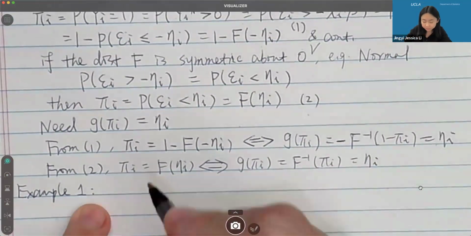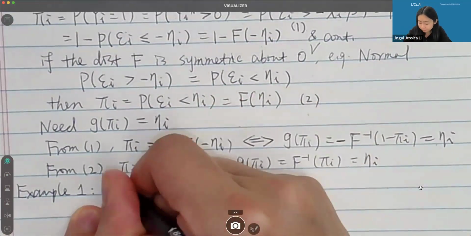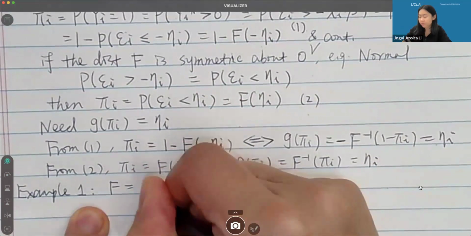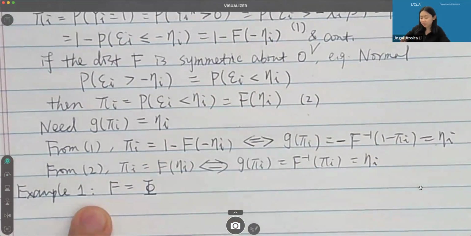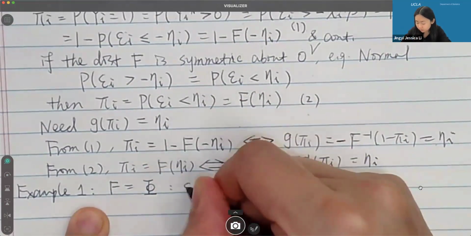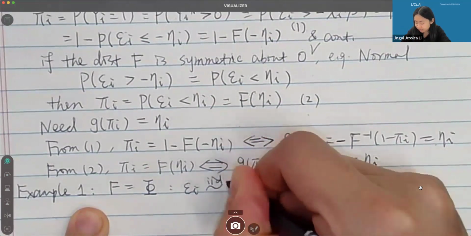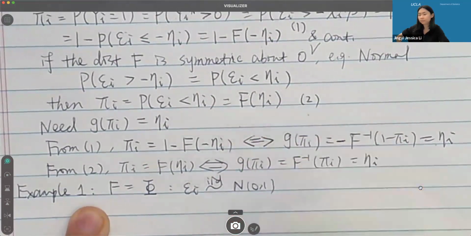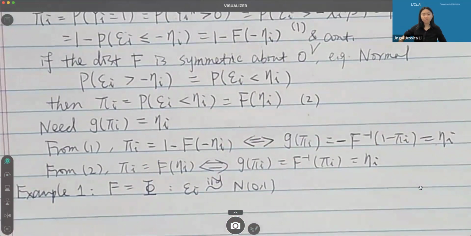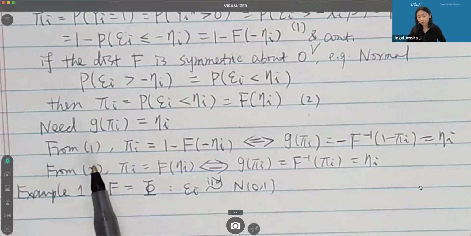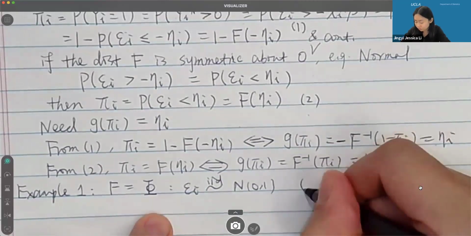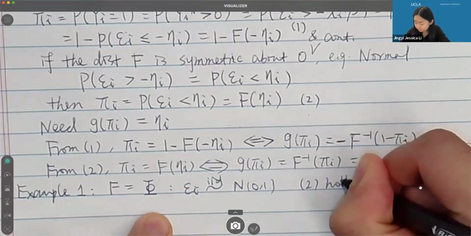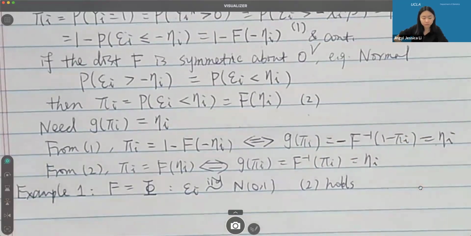So example 1, F is this thing. What this means is that we have epsilon I's IID standard normal. And the normal distribution naturally satisfies 2, because it's symmetric about 0.